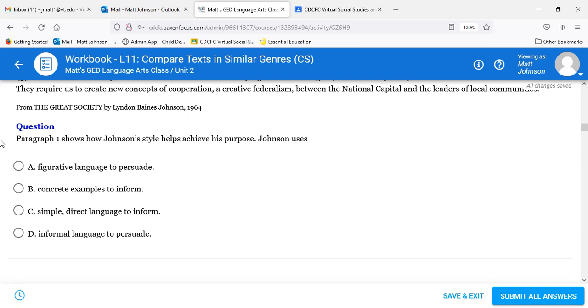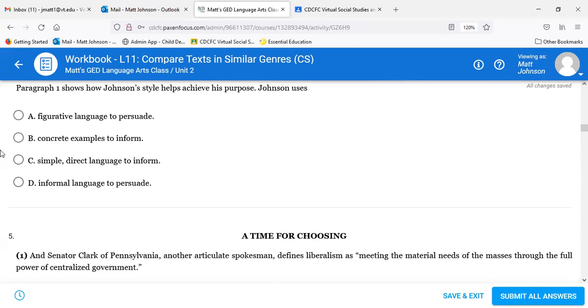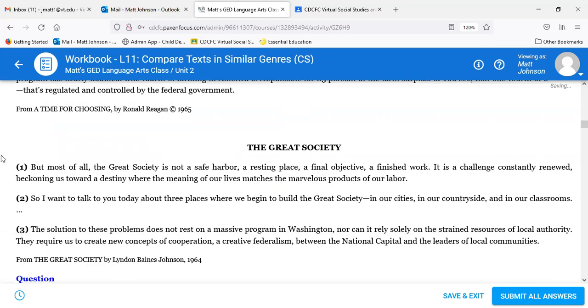A, figurative language, right? Figuratively speaking. A safe harbor, right? That's a figure of speech. So the Great Society is not a safe harbor, a resting place, a final objective. It's a finished work, right?